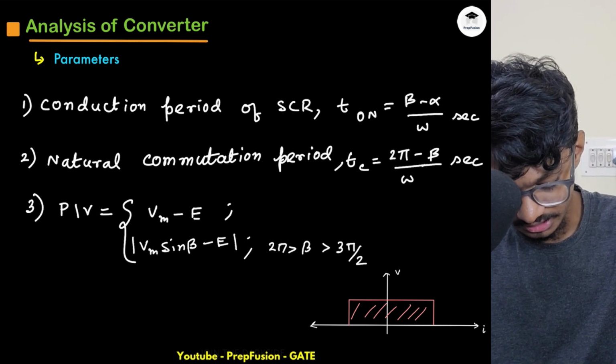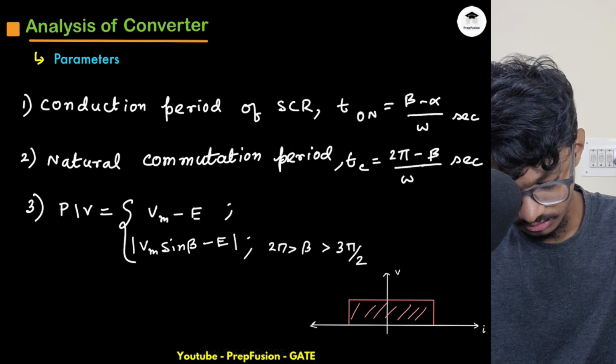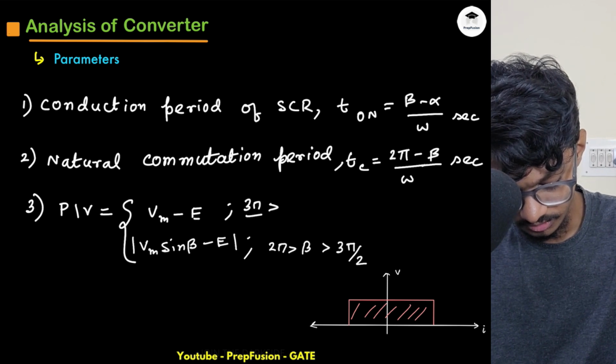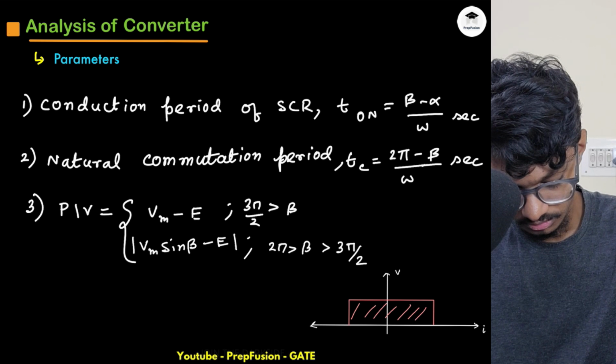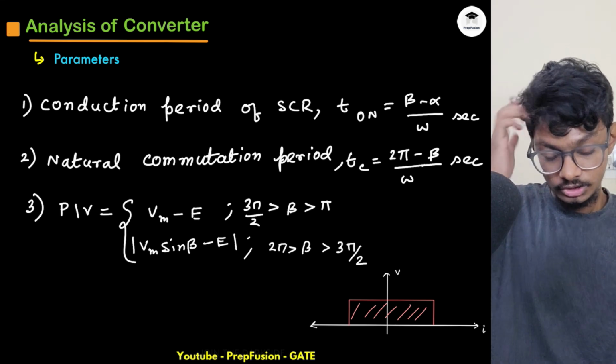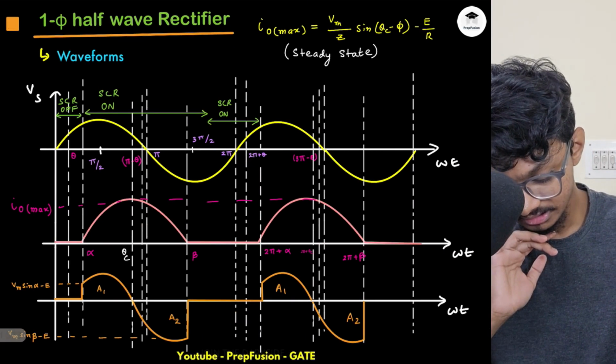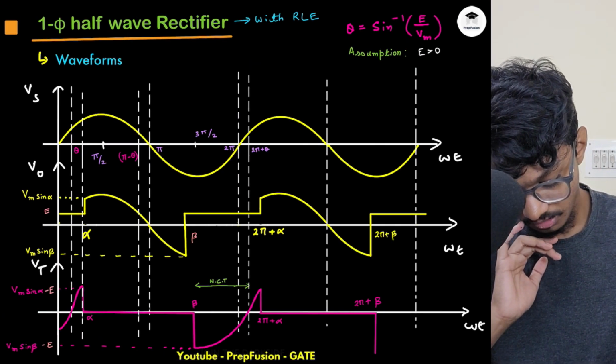So in this region, my beta has to be lower than 3 pi by 2 and it has to be greater than pi.